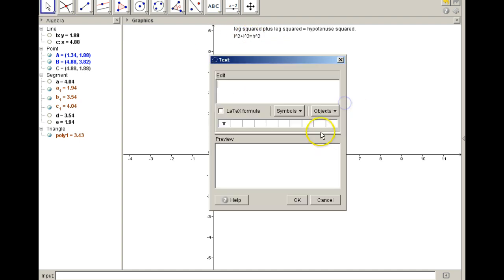So let's write that in there: the square root of L squared plus L squared is equal to the hypotenuse.